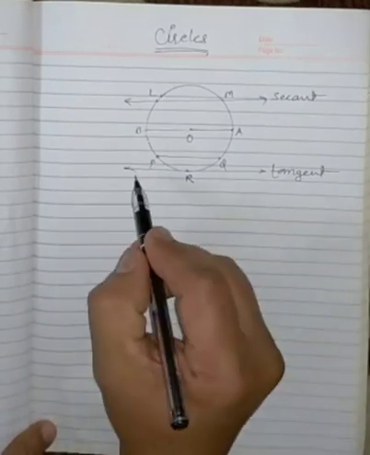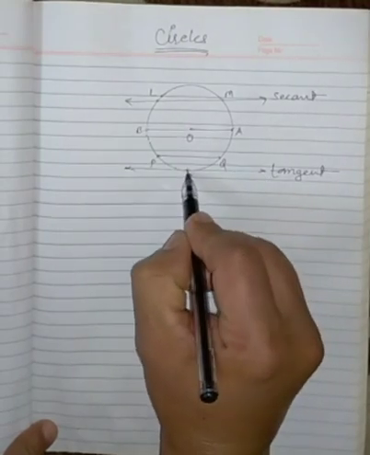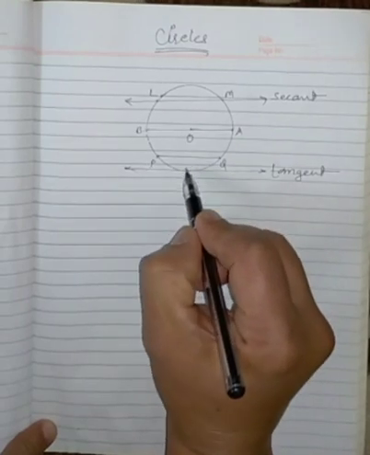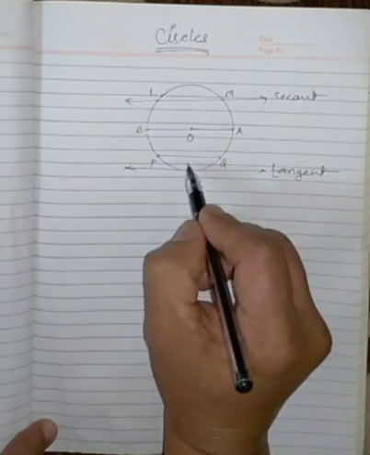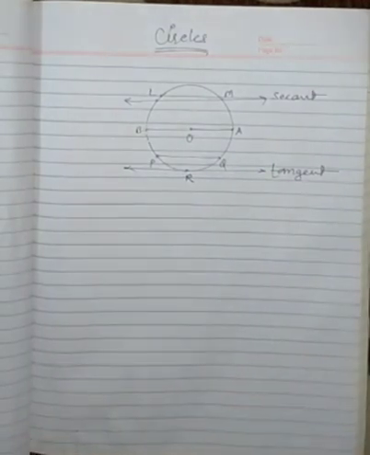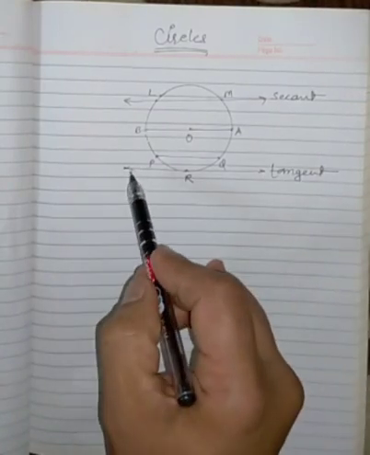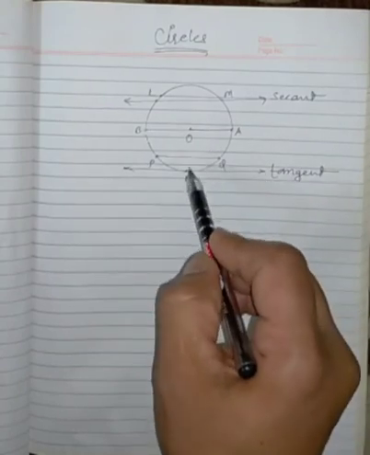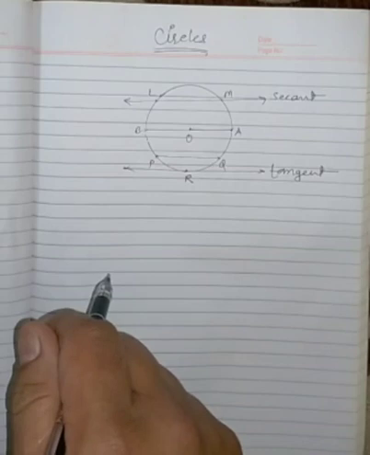That means if a tangent is drawn intersecting the circle at only one point and this point is joined to the center of the circle, which will be the radius, then this will be perpendicular to the tangent. So theorem 10.1 says that the tangent at any point of the circle is perpendicular to the radius through the point of contact. This is the first theorem.